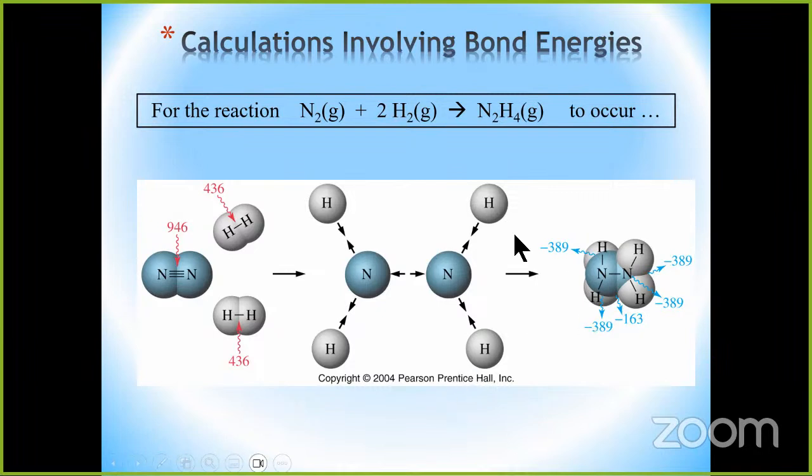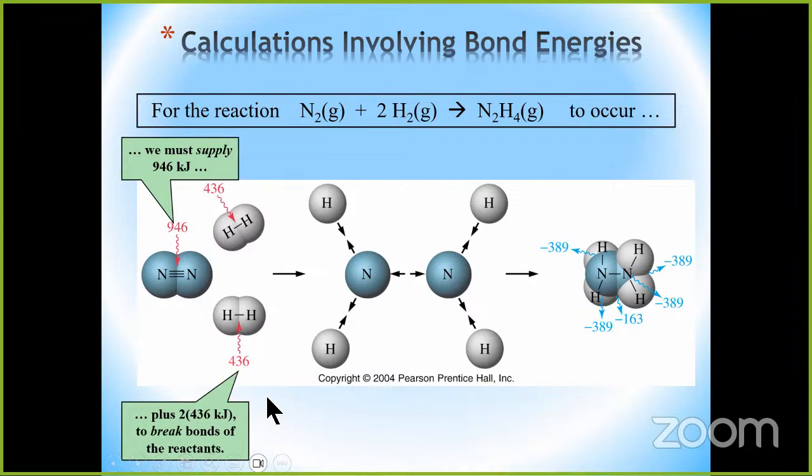To calculate the energy change for this reaction, we need to determine how much energy is expended when these bonds are broken and how much energy is released when these bonds are formed, and then find the difference between the two. In the case of the bond breaking, if you go back to the table I just showed you, the amount of energy needed to break the nitrogen to nitrogen triple bond is 946.